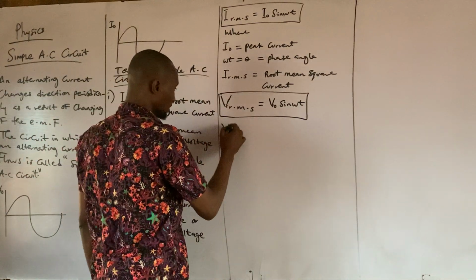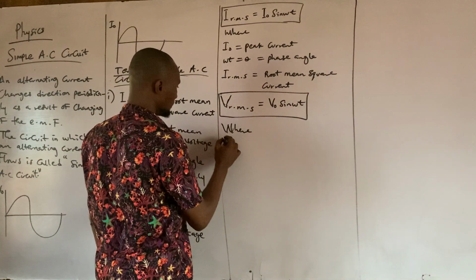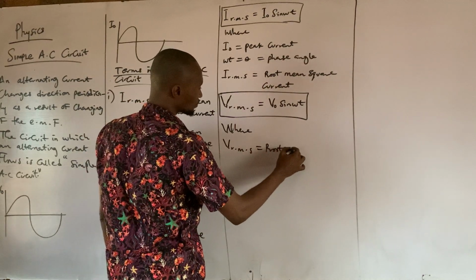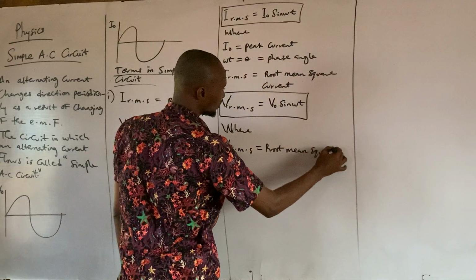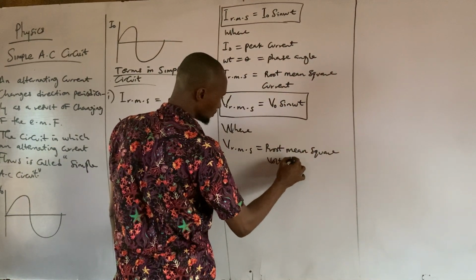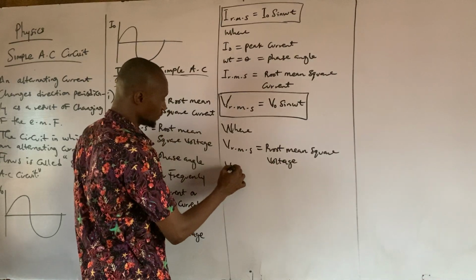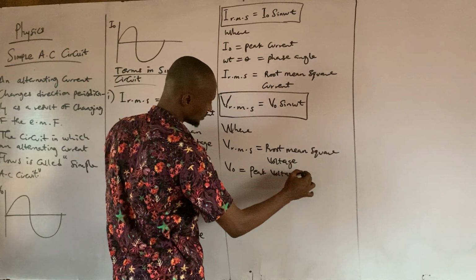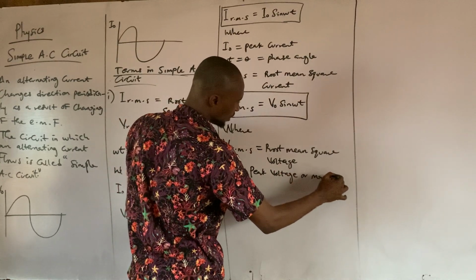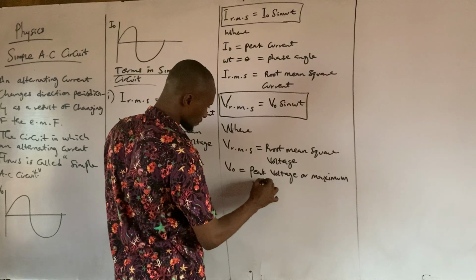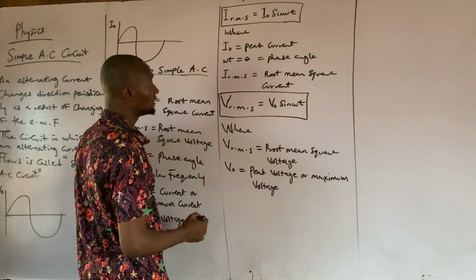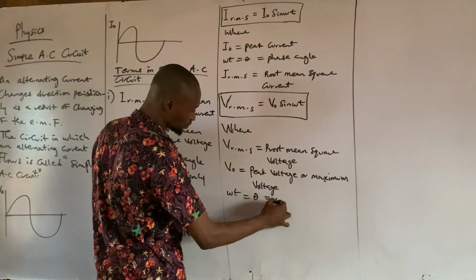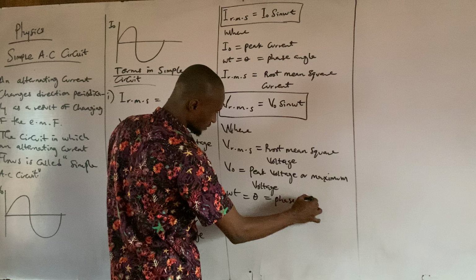Where V rms is equal to root mean square voltage. VO is equal to peak voltage or maximum voltage. Are you there? What else again? WT is equal to theta, which is equal to phase angle.